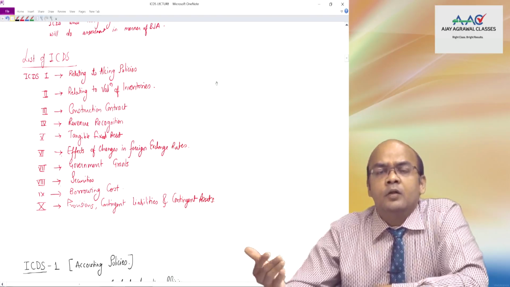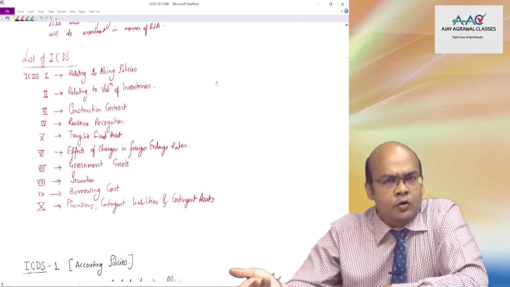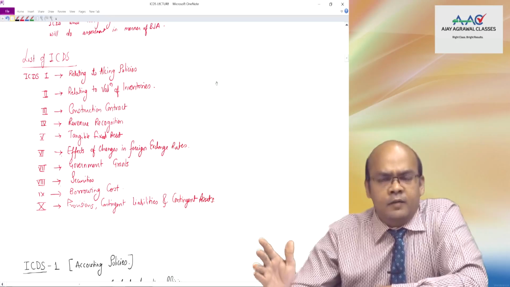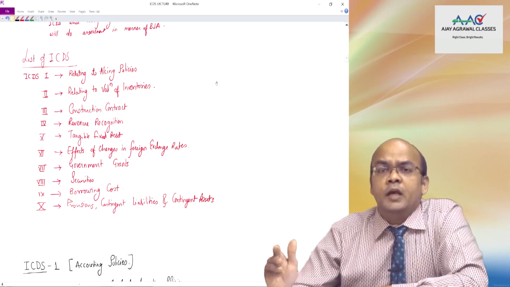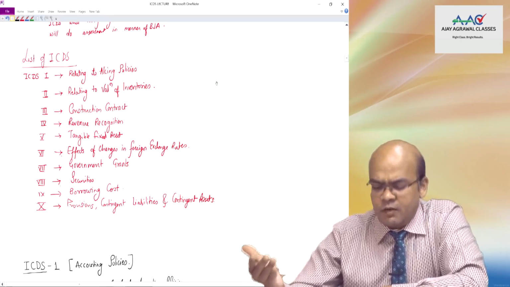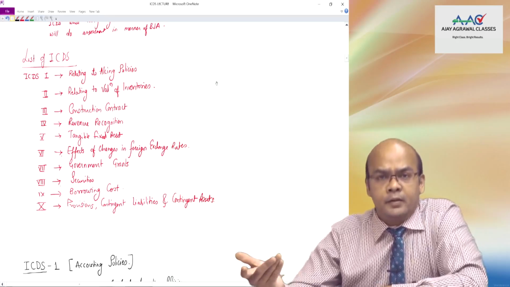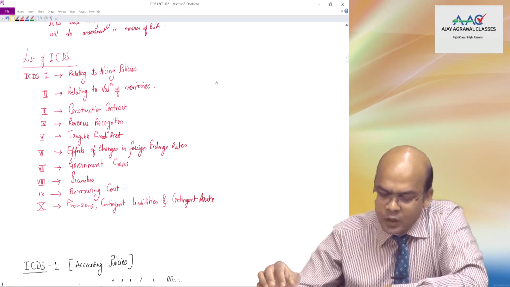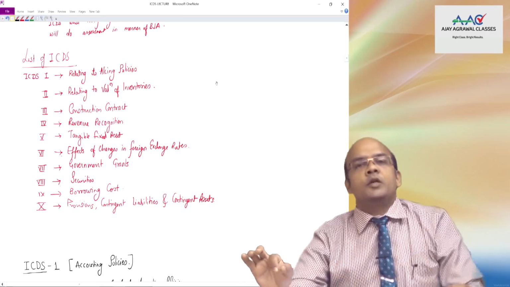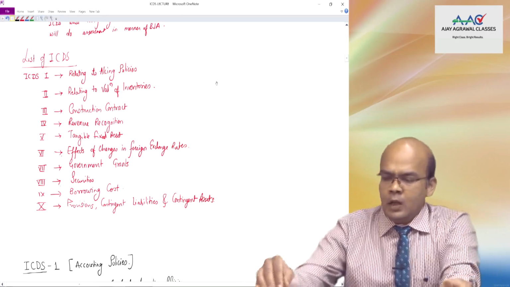Whether going concern assumption is there or not. If it is there, there is no need to make a disclosure of that. Whether books of accounts are maintained regularly or there is a change in accounting policy. If there is a change, there is a requirement to disclose what will be the impact.